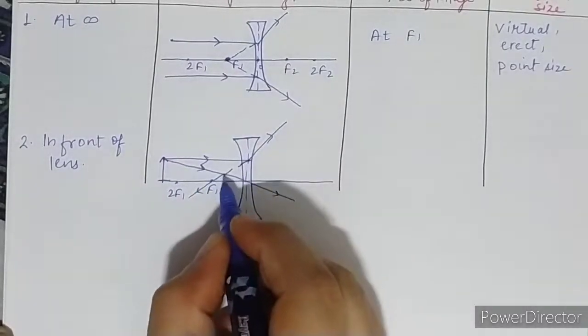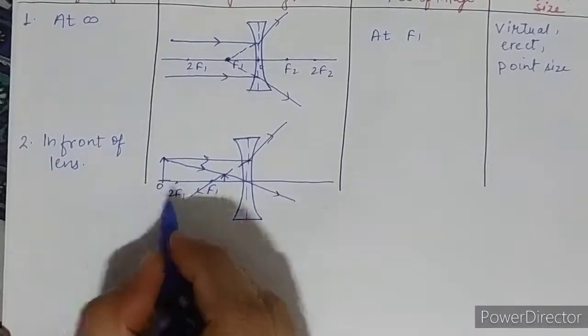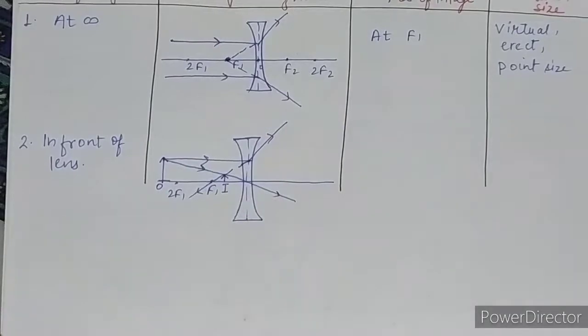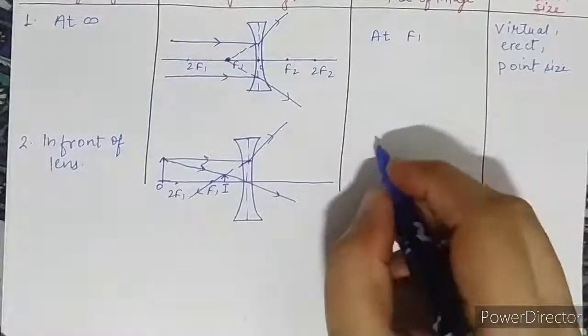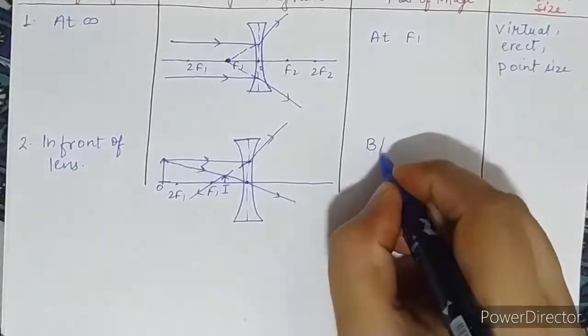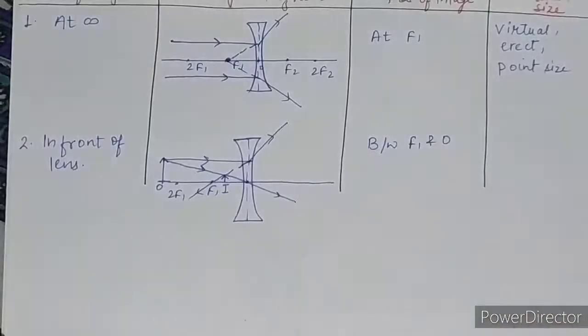So here the image has been formed. This one is your object, and here is the image I. Okay, so the image has been formed. This is the optical center between f1 and optical center.